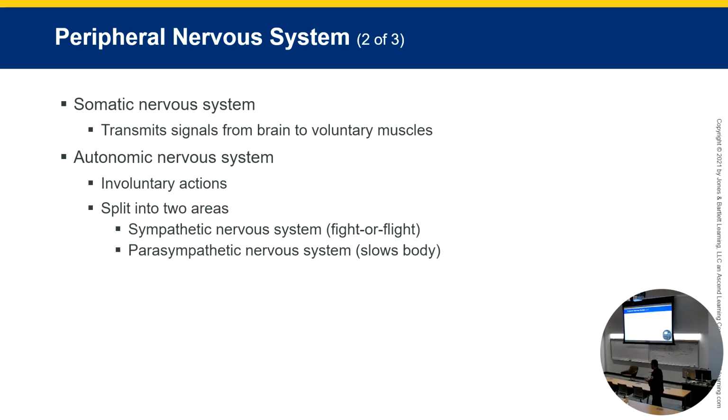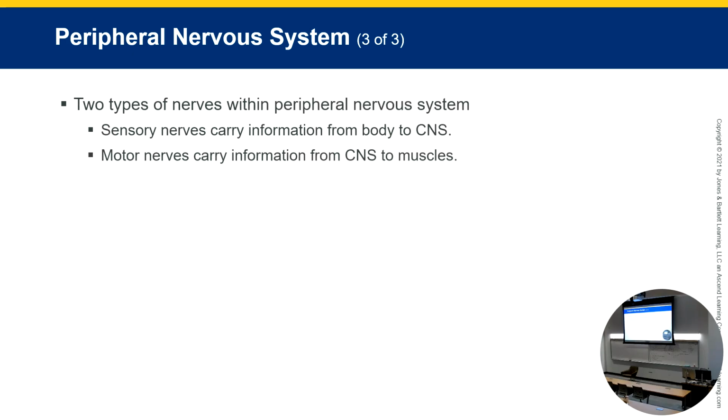And that's also further split into two divisions, what we already just talked about, the sympathetic and the parasympathetic nervous system. So again, there's a whole tree that's going to branch from each one of these things. Two types of nerves within the peripheral: you have the sensory and motor. Kind of already hit on that.